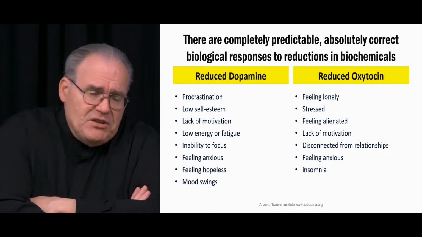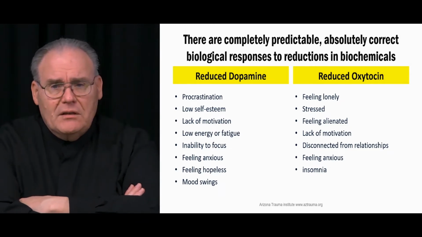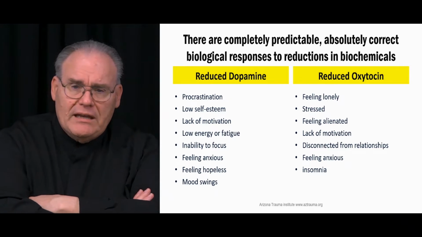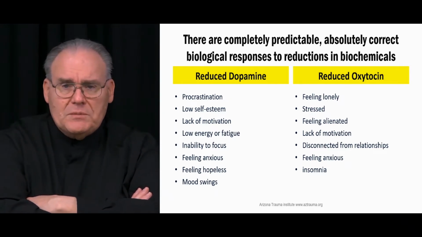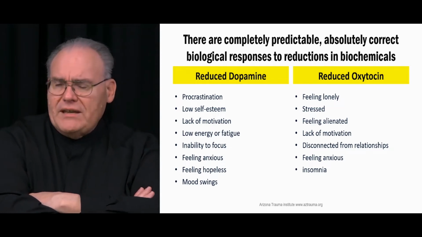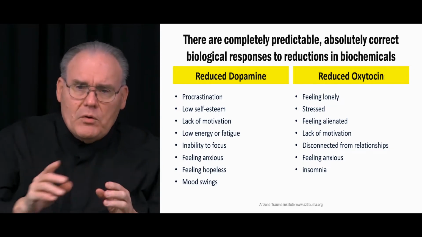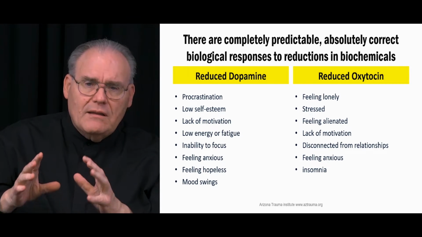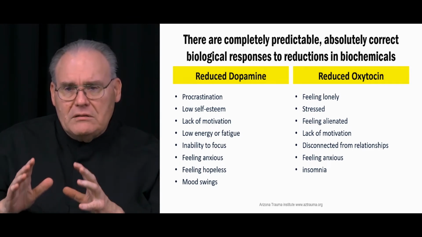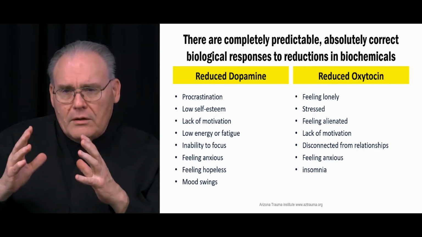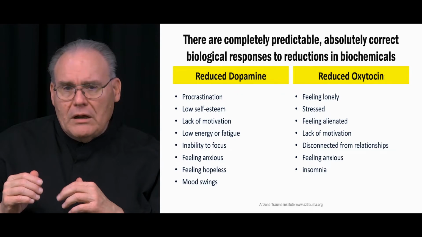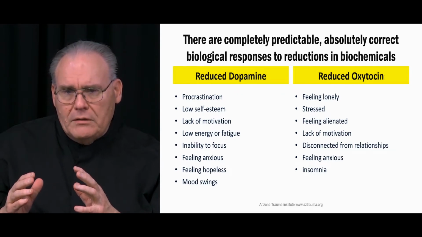Lack of motivation, they may be stressed, they may feel lonely a lot, they're going to have trouble connecting and keeping relationships going, not going to attach well, so that's problematic. But remember, they're not bad behaviors, they are predictable responses to having your oxytocin levels suppressed or low. I really want to make that point before I move on.